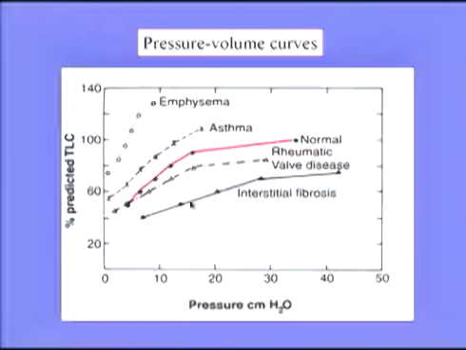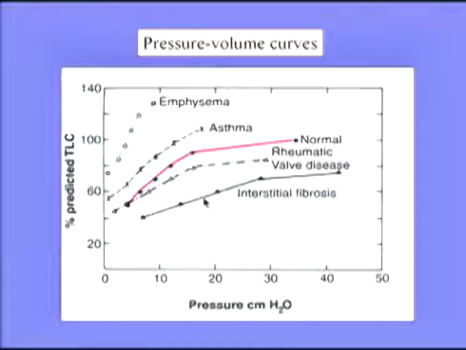So the compliance is enormously reduced in this disease, and contrast it with emphysema, shown here, where the compliance is increased, the volume for a given transpulmonary pressure is very high, and the slope of the line is increased. And that I like to think of as due to the destruction of the architecture of the lung, and the lung has lost its normal recoil ability, and that's what gives you those changes in emphysema.